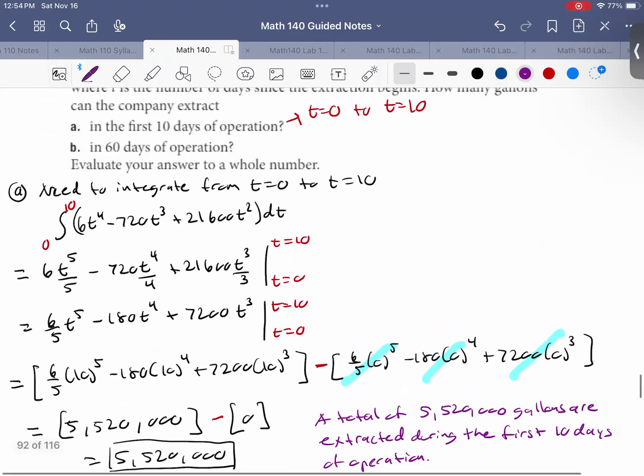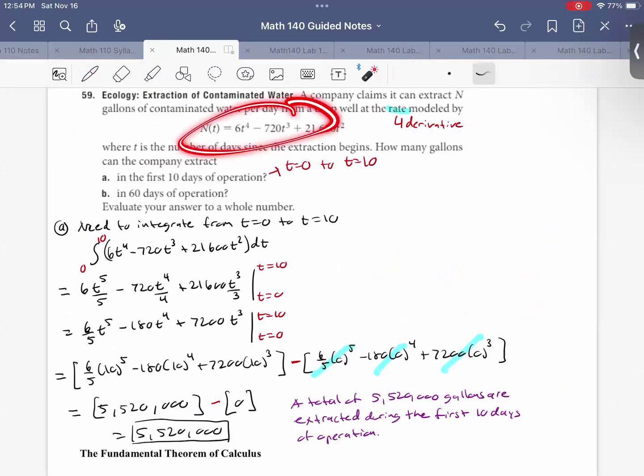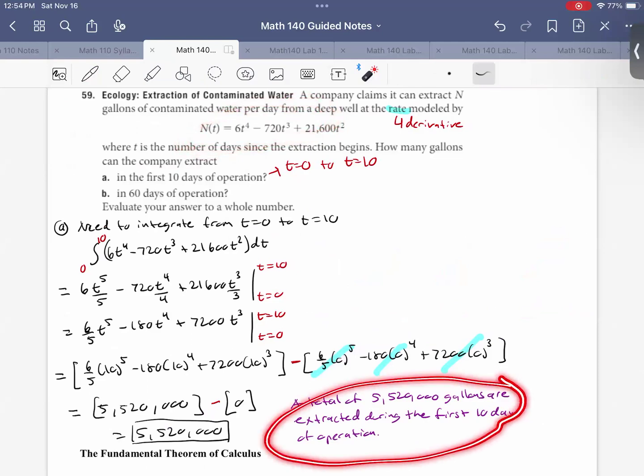That's us taking a rate and getting an actual input-output value.